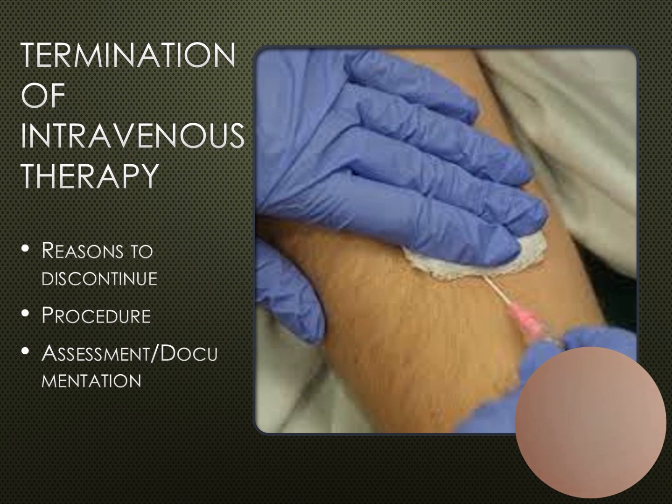Nursing assessments that may indicate a need to discontinue the site include infiltration. The site is red, tender, indurated, or warm to the touch. We have evidence of thrombophlebitis. The vein may be hard and tortuous. The client reports aching or pain of the extremity.